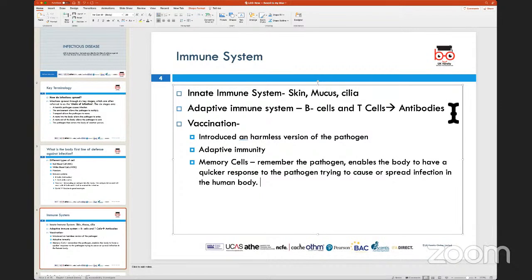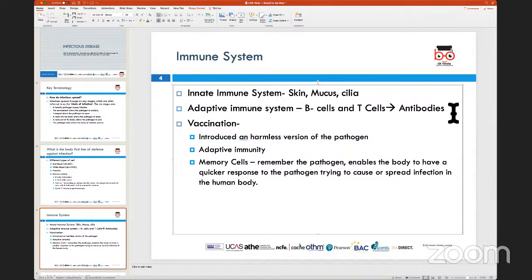Antibodies, along with the specialized B and T cells, essentially recognize that an infection is being spread in the body, and they tend to neutralize the pathogen, kill the infected cells, and stop the spread of the infection in the body.